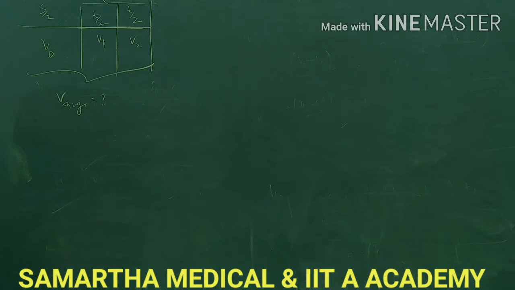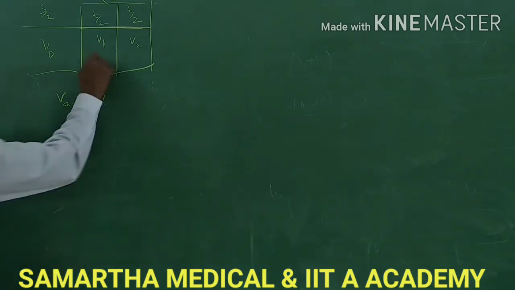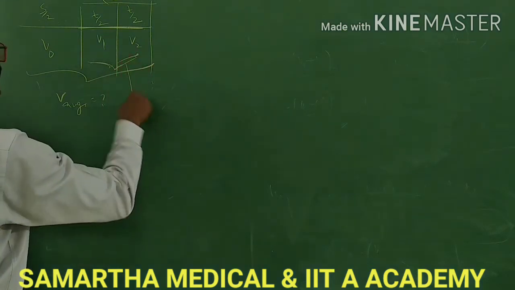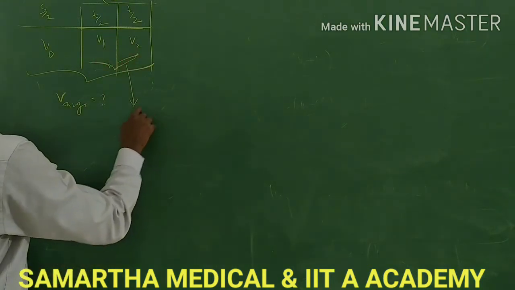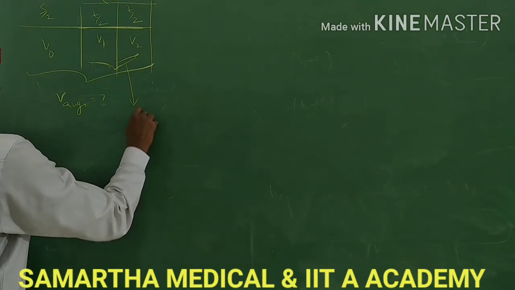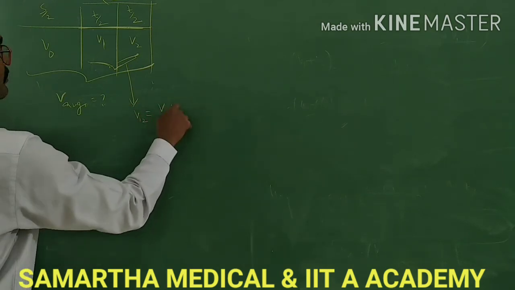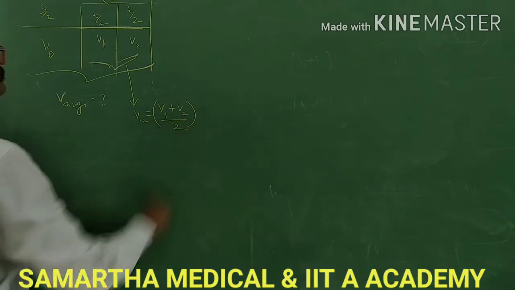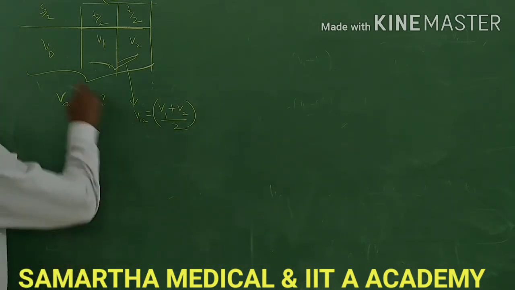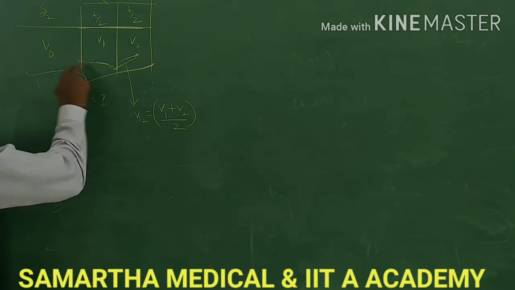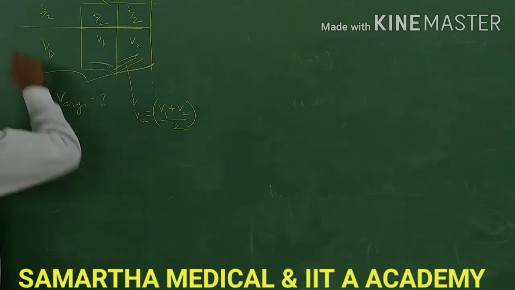Time intervals are equal, what is the average speed? V1 plus V2 by 2. So V average for this part is equal to V1 plus V2 by 2. Okay? For this, V2 is this, V1 is V0.